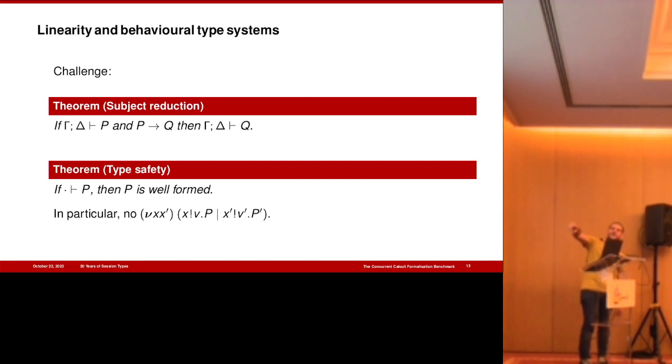For type safety here, a well-typed process is well-formed. We would have to introduce a well-formed predicate, details in the technical report. But basically, what we are enforcing here is that no two endpoints are both a send construct or a receive construct. So again, it's a duality, this time defined not on the types, but directly on the processes as well-formedness.